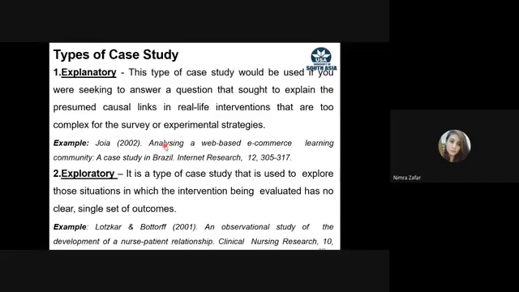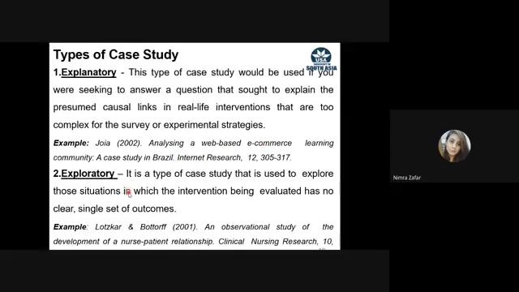In example, you can see analyzing a web-based e-commerce learning community, a case study in Brazil, internet research. So in this type of case study, what will they be doing? They will analyze a web-based e-commerce learning community and they will do a case study in Brazil, right? They will give explanation of this type of e-commerce store.